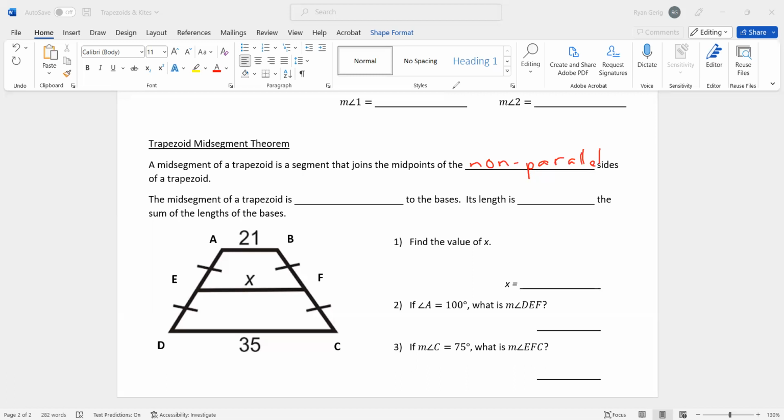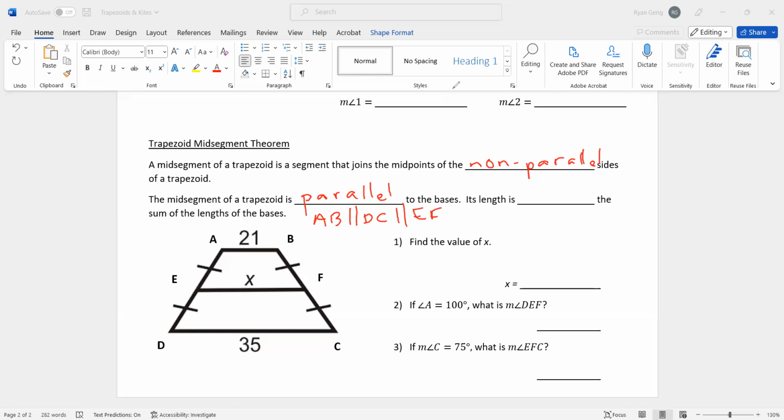Now, here's the theorem. The midsegment of a trapezoid is parallel to the bases. The bases are the ones that are parallel to each other. So AB is parallel to DC, and what this is saying is they're all parallel to EF. All three of those lines are parallel to each other.